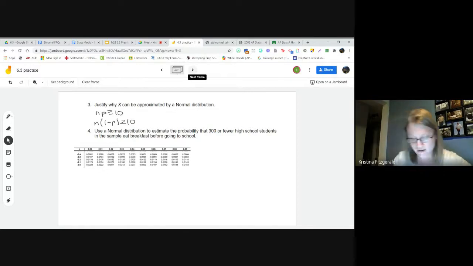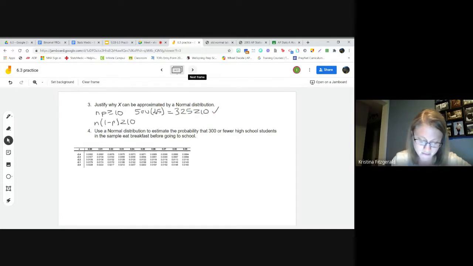So I want to find those two things. n is 500, p is 0.65. So 500 times 0.65 is 325, which is greater than or equal to 10. So that one's good.